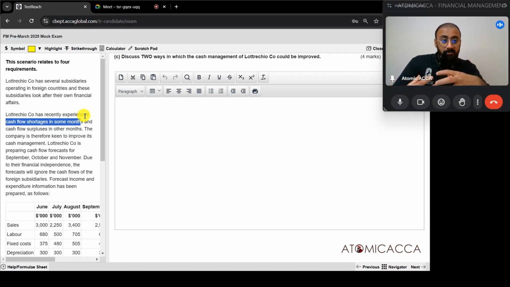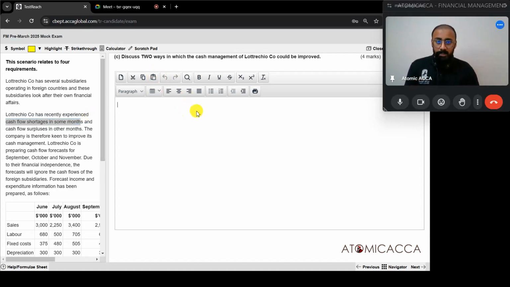But if these figures were centralized, if all the money from different subsidiaries are managed by a central treasury department, then what would happen is, if one subsidiary is having a cash surplus, this can be transferred to the cash deficit company. So without having any extra borrowing or extra liabilities, money can be transferred between the subsidiaries within the group, so that cash can be managed effectively over here. So this can be one explanation we can give.